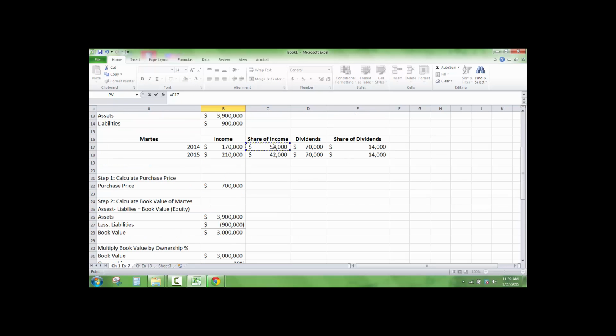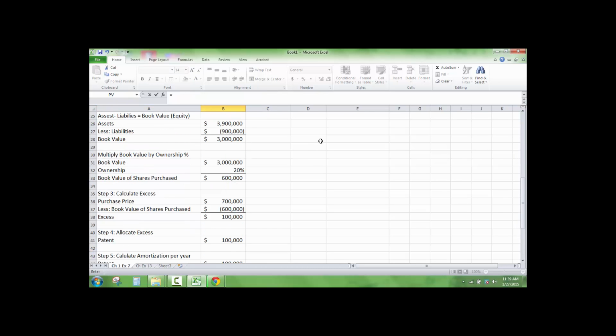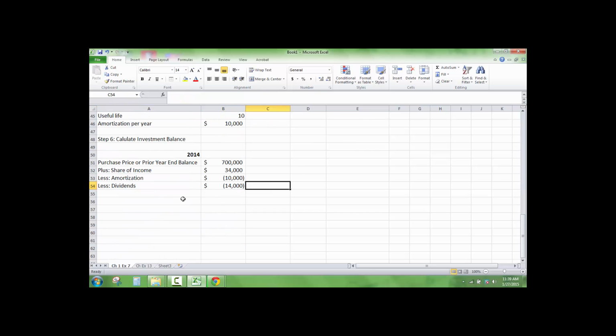Plus our share of income, less amortization, which is $10,000 per year, less dividends, equals ending investment balance.